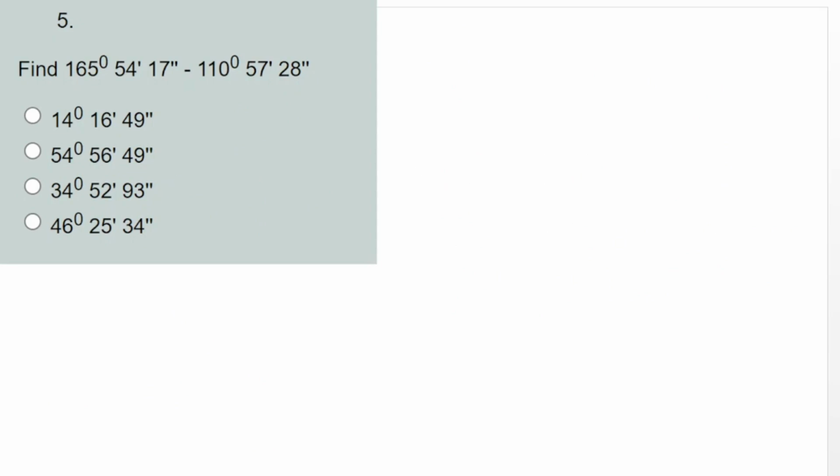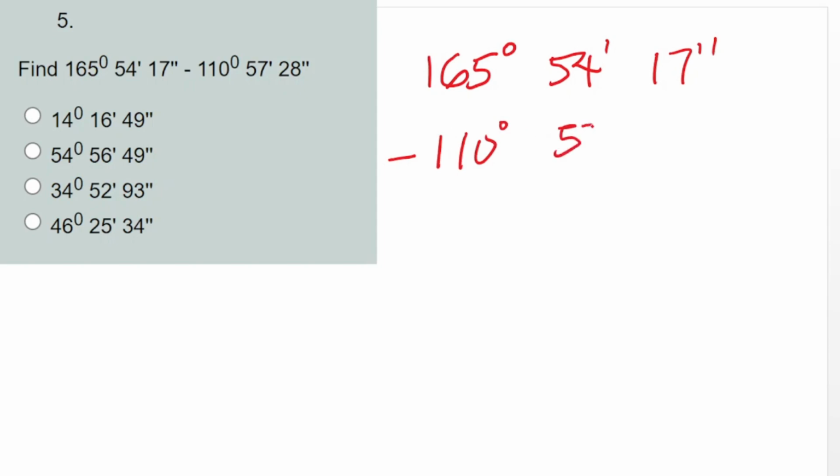So the same thing we're going to do here. That is going to have 165 degrees, 54 minutes, then 17 seconds, minus 110 degrees, 57 minutes, and then 28 seconds. Okay, we're going to subtract here.